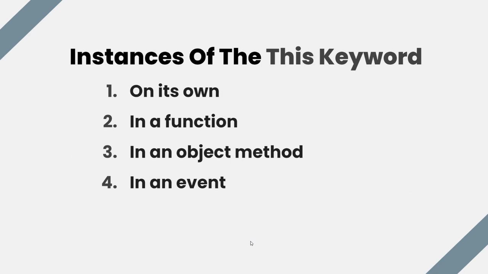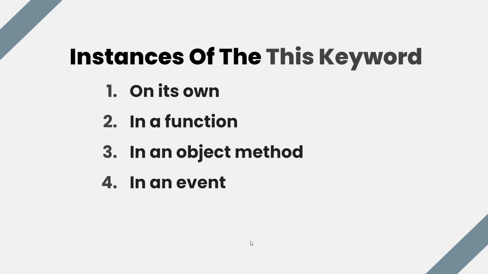So here, very briefly, are the instances where this keyword could occur. First and foremost, it could occur on its own. This means that the keyword would be on its own within your JavaScript file, so it's not going to be within a function or an array or a method.